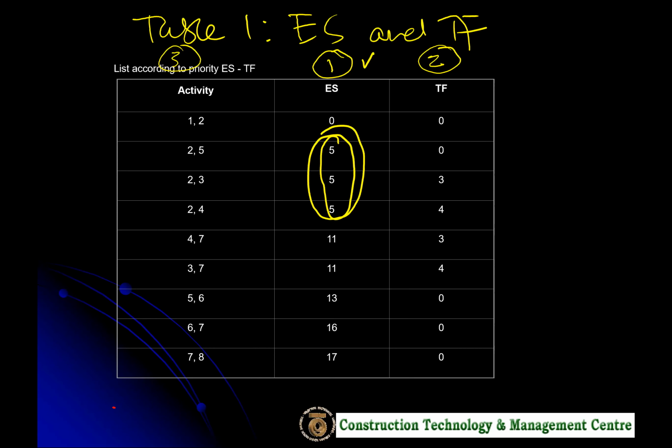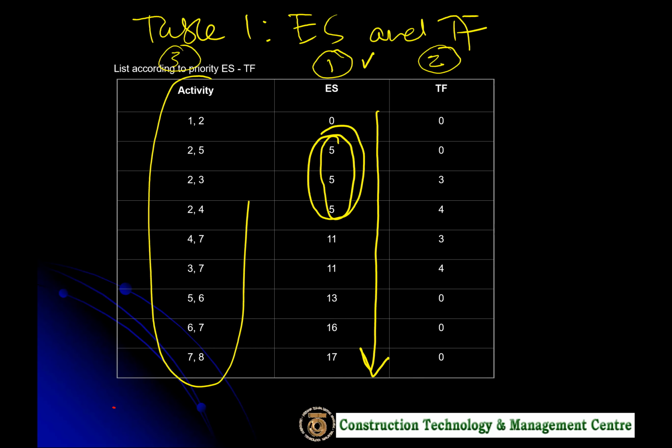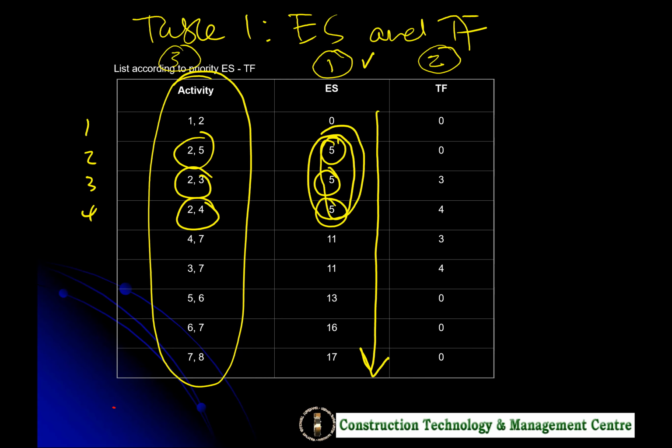The way we do this table is we sort according to the least and the biggest value first. Then only will the activity be put based on our sorting. You notice 5, 5, 5, so how are we going to indicate which activity to put first? This is number 1, number 2, number 3, number 4. This is what we call the listing based on the sort.